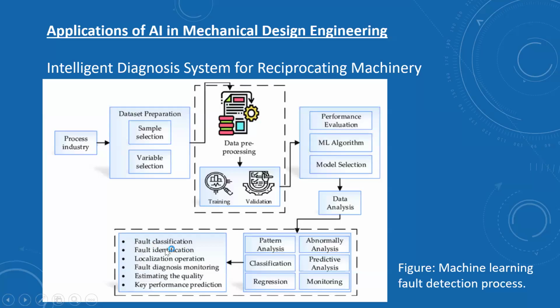For example, fault classification. We can classify the faults, and the remedies for those faults we can also predict to the users using that particular healthcare equipment. Similarly, fault identification can also be done. Then fault diagnostic monitoring, estimating, and quality and key performance predictions.